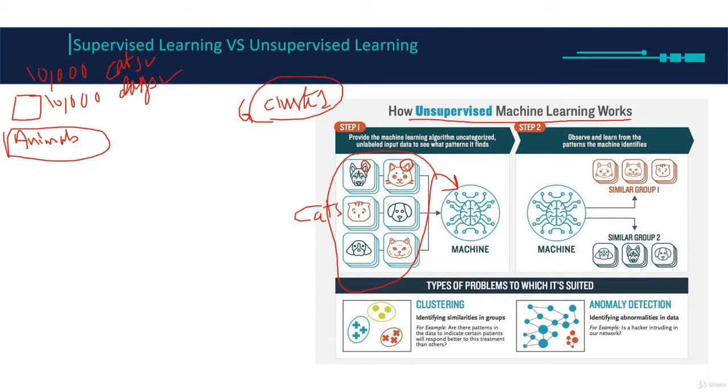Another cluster is going to be pointy ears and mustache. A third cluster is going to be no pointy ears. Another could be small nose, only these, small nose. This won't be taken and this won't be taken.